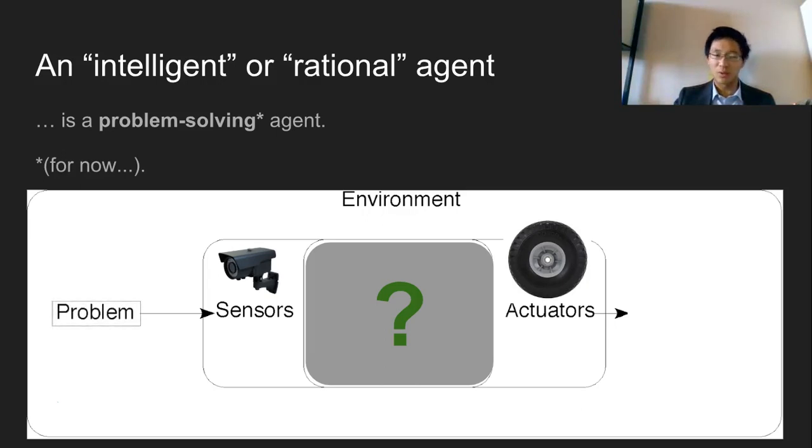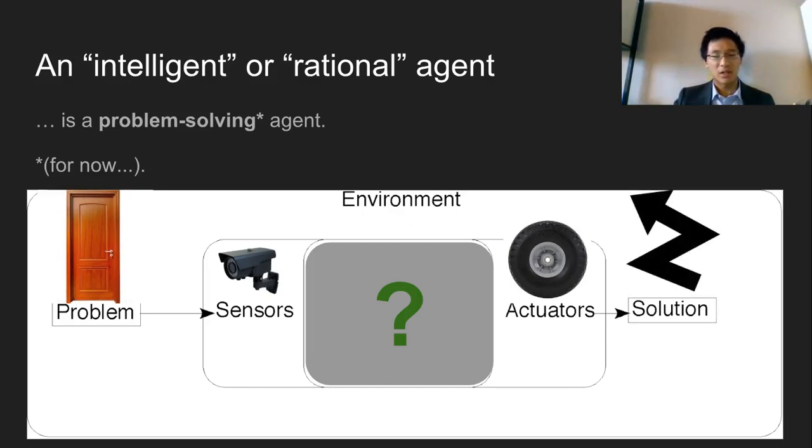At least for now. We'll maybe work with stuff in the future that don't have such clearly defined problems. But for now, we may have a very clear problem, such as how to get to the door. And of course, a problem means we're looking for a solution. How do we get to that door? How do we open it? How do we go through it without tripping over the entrance or bumping into the door frame on our way out?